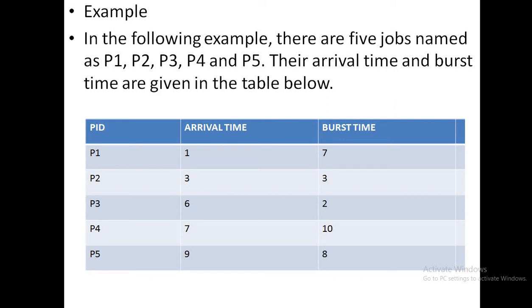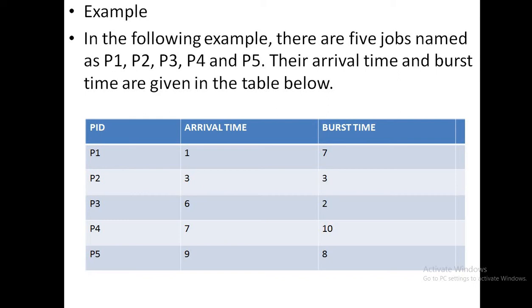Again we will see whether any job arrives between 8 and 10 milliseconds. Yes, P5 arrives at 9 milliseconds. That's why again we will check among P2, P4 and P5 which has the lowest CPU burst time.